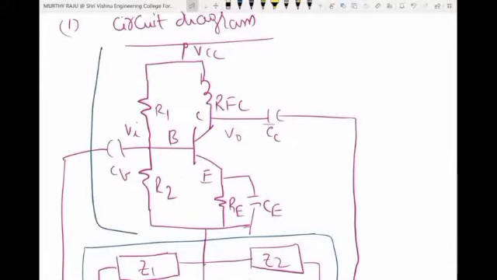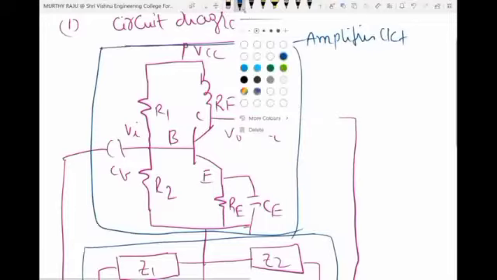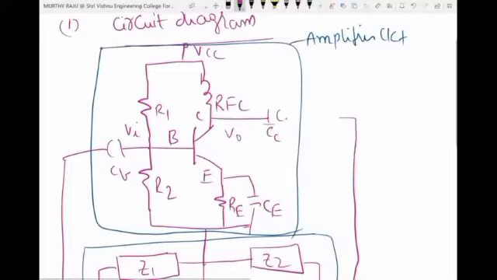This one is an amplifier circuit. Here the output is taken, this is the output.